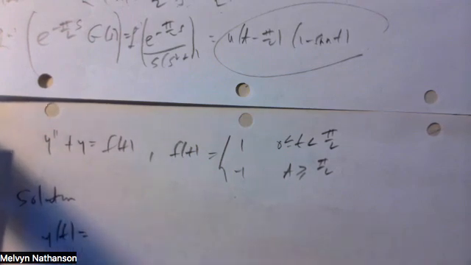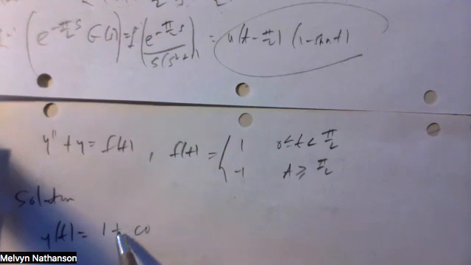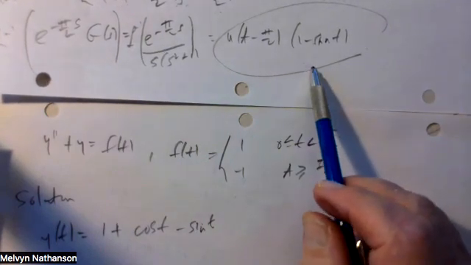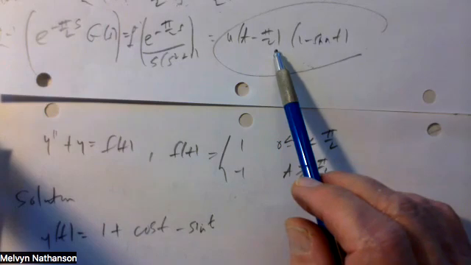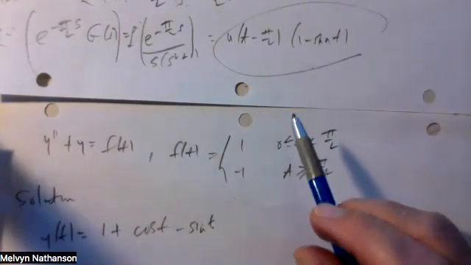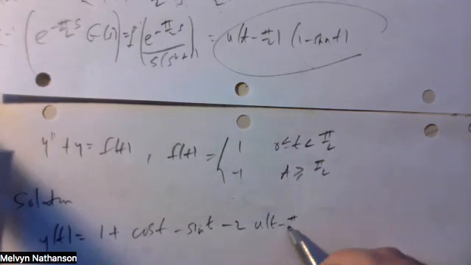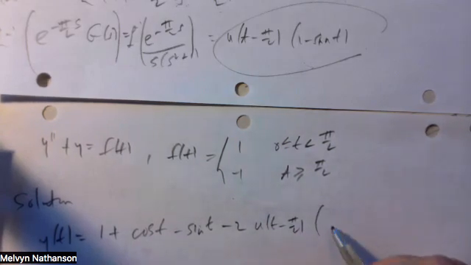And our solution is y of t equals 1 plus cosine t minus sine t, minus 2 u of t minus pi over 2 times 1 minus sine t.